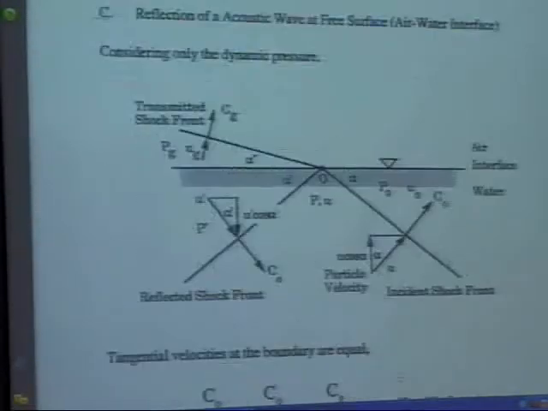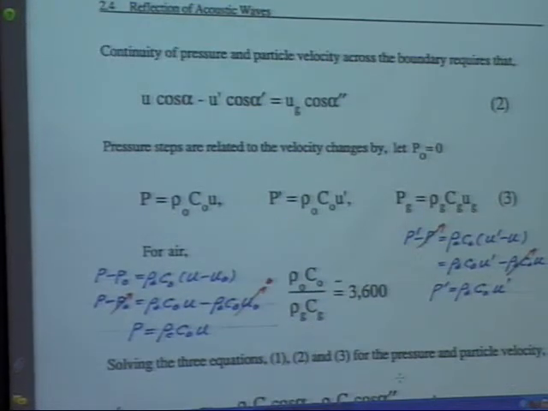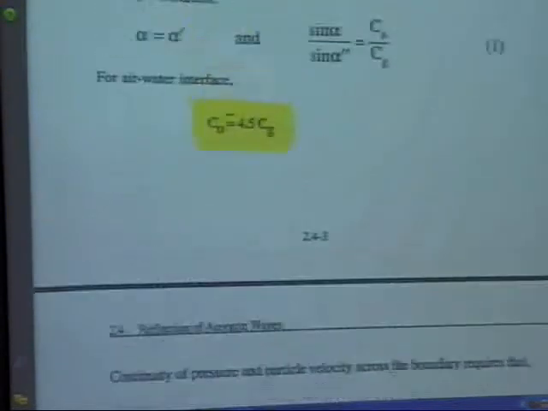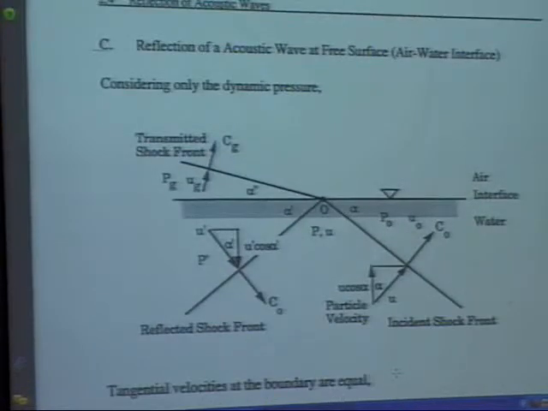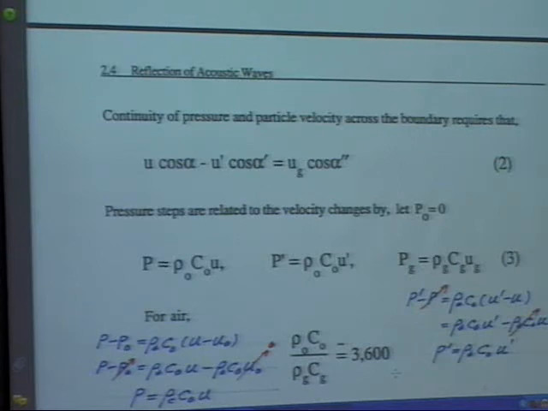So this is a three-equation set. Where does that come from? Three-equation set, three waves: incident, reflected, transmitted. Consider front, back, front, back, front, back. Back is PG and UG, so you can visualize it.